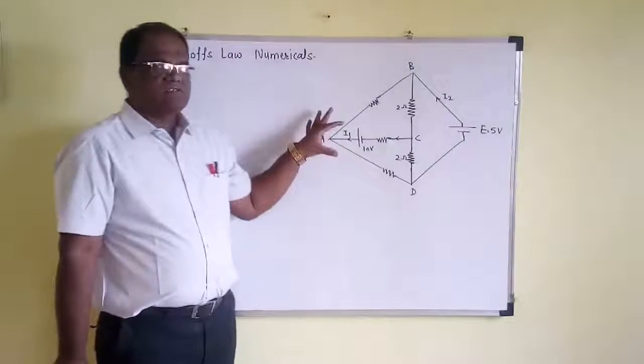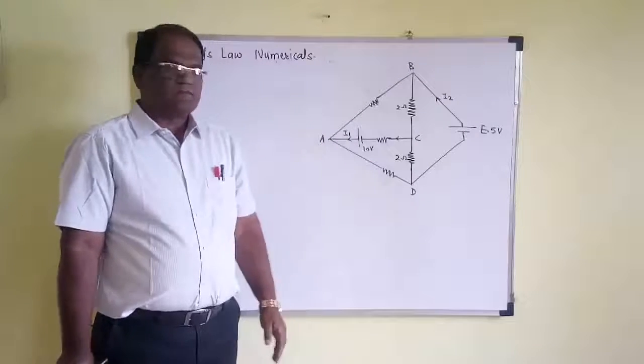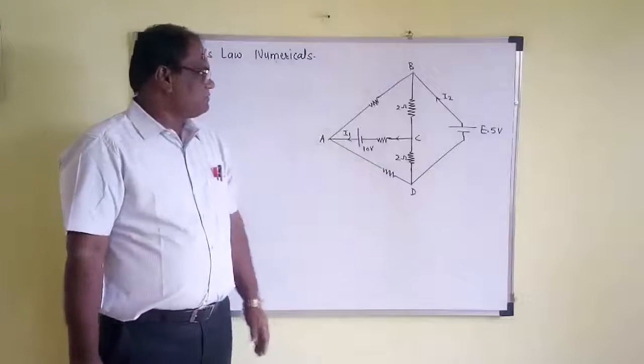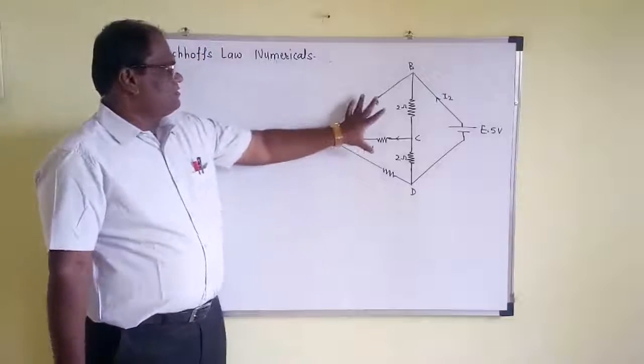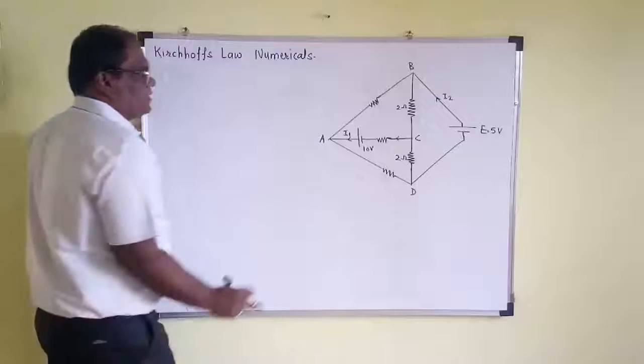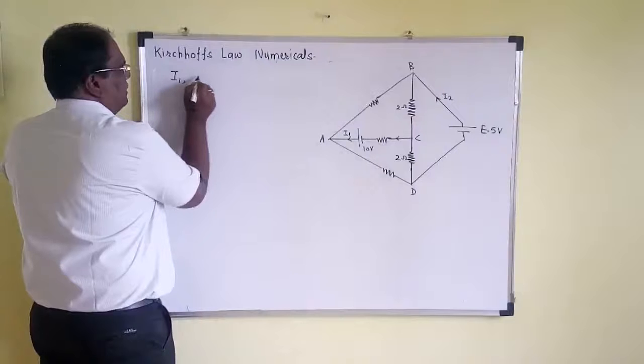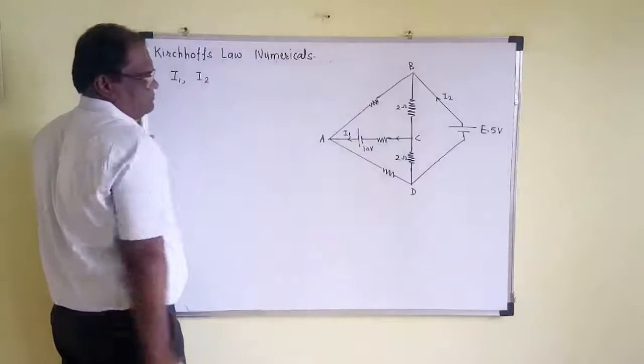This is a somewhat complicated problem. See the diagram. This is the network diagram given to you, and you have to find out I1 and I2.